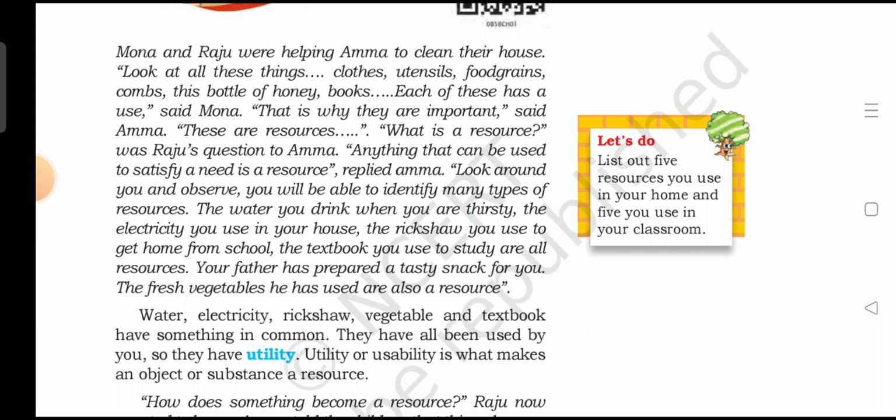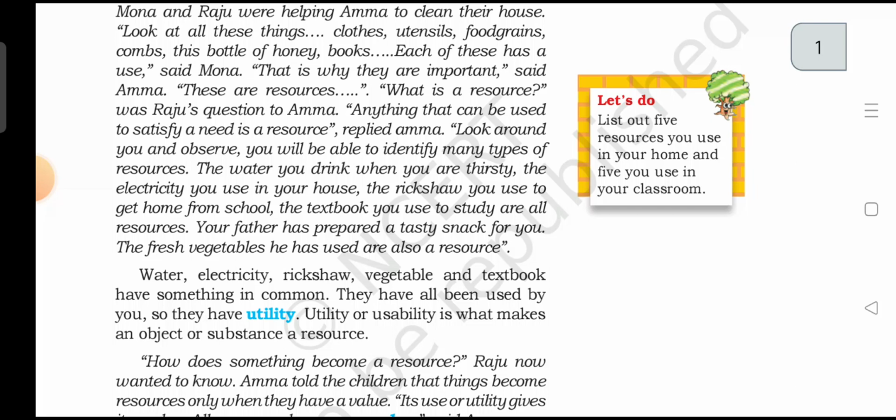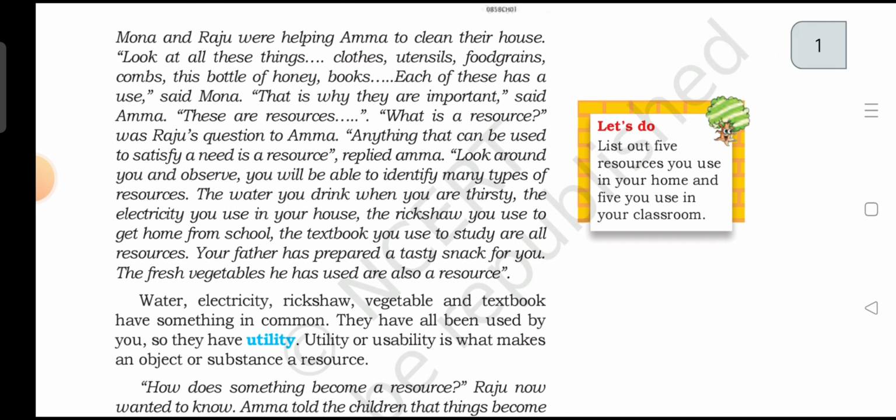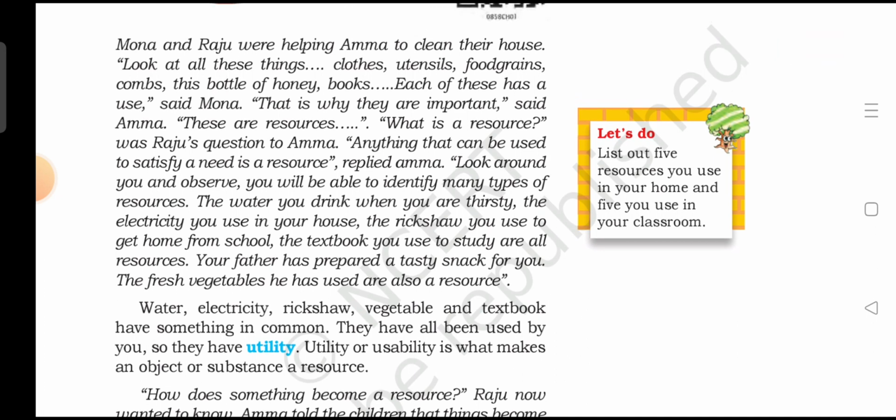Okay, look at all these things: clothes, utensils, food grains, combs, this bottle of honey, books. Each of these has a use, said Mona. ये जो सारी चीज़ें हैं, dear students, you all use them, right? For example, clothes are the things that you wear on your body.